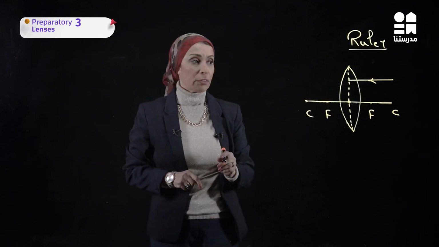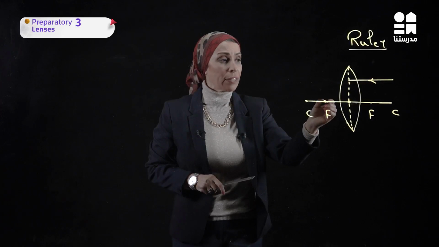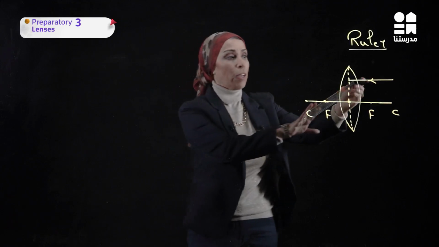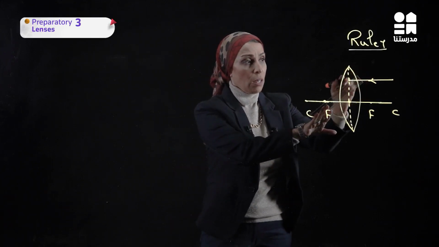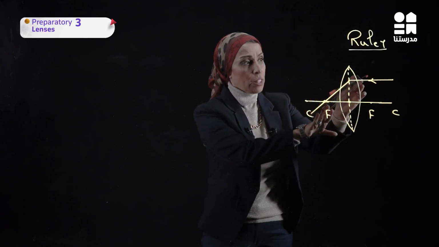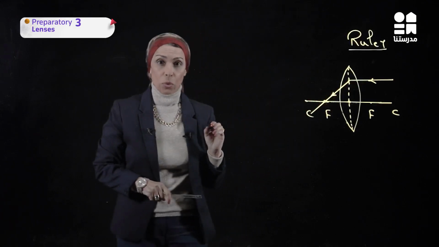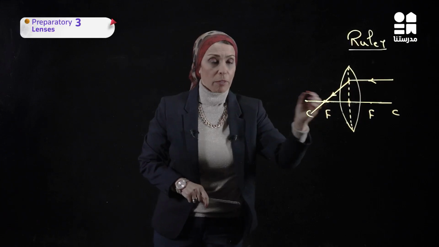Bending of the light ray. If it passes parallel to the principal axis, it refracts passing by the focus. This is the refraction, like this, bending, passing by the focus, and then put your ray, and this is the first rule. Parallel to the principal axis, refracted passes by the focus.